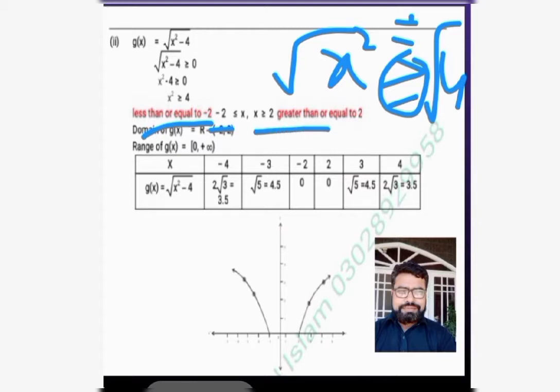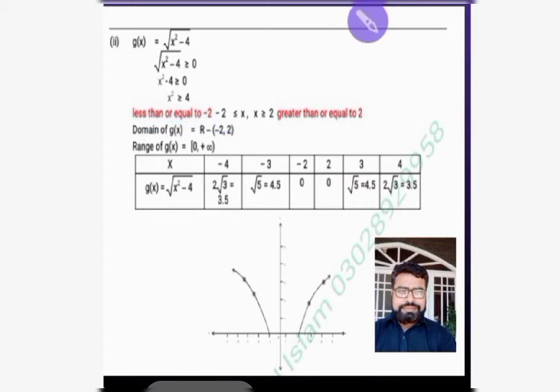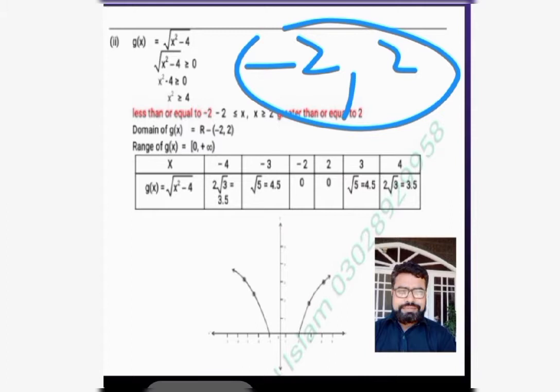We have to write. You have to remember it. If there is greater than or equal to symbol, we will write x less than or equal to minus 2 and x greater than or equal to 2. It means between minus 2 and 2 there is no domain.